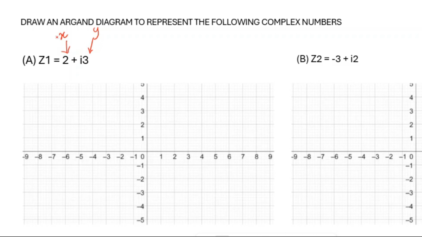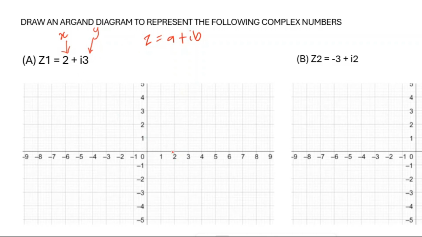Now, don't forget, from the general form of a complex number, which is z = a + ib, our a here represents +2 and our b here represents +3. Now take a look at this graph.